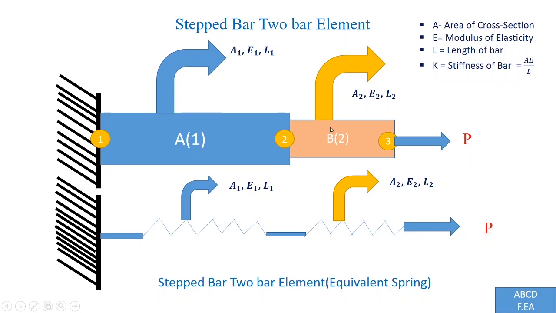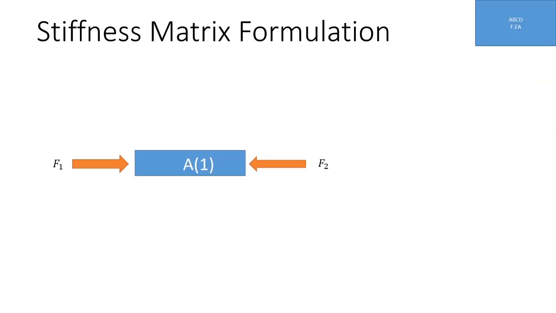Now, for example, suppose there is an element 1. Whenever any force acts on any element, it's just like Newton's law: one will be action, the other will be reaction. Now suppose there is a force acting on this system, there will be a counter force which is going to act in any system unless it is free.